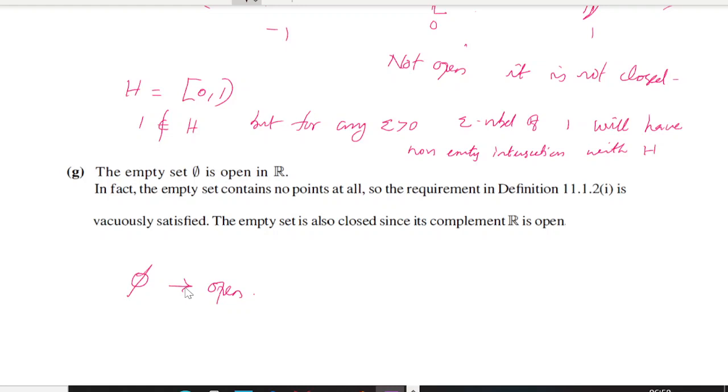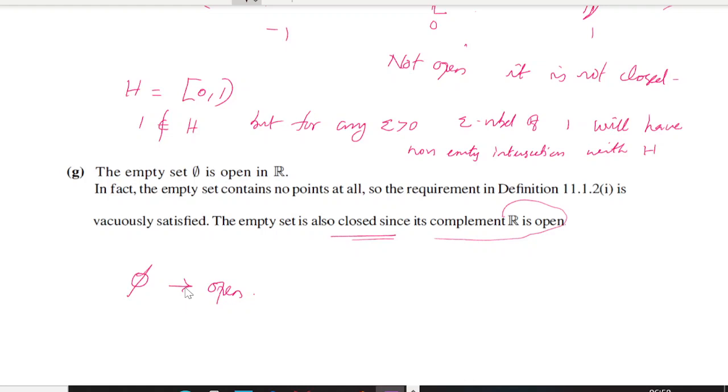But here, in the empty set, there exist no points at all. So we can trivially assume that there exists an epsilon neighborhood also. So in this case, it's very trivial. Also, the set is closed, since its complement is R, which is open. That was our first example.